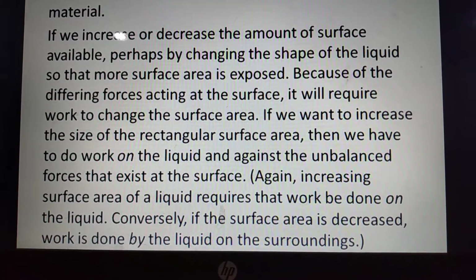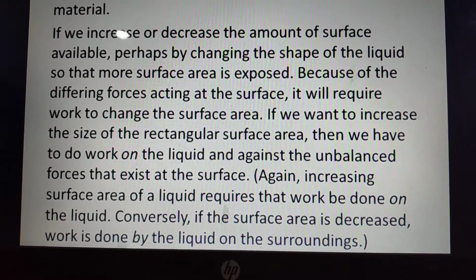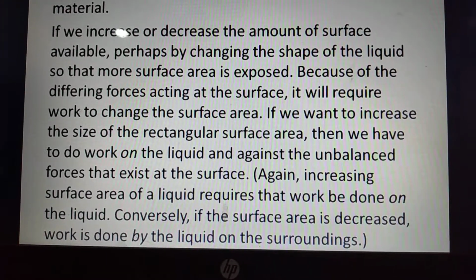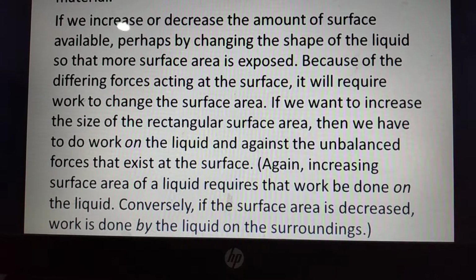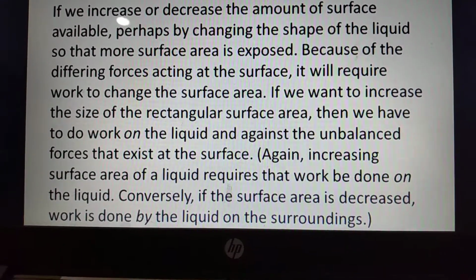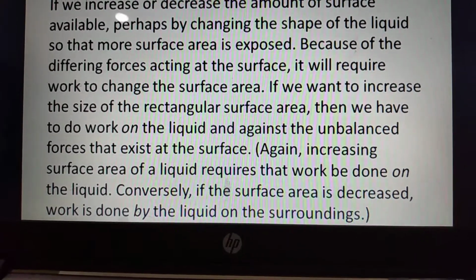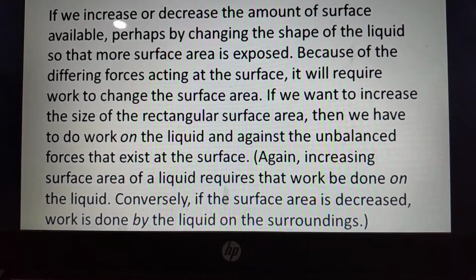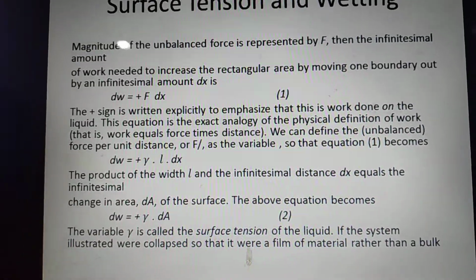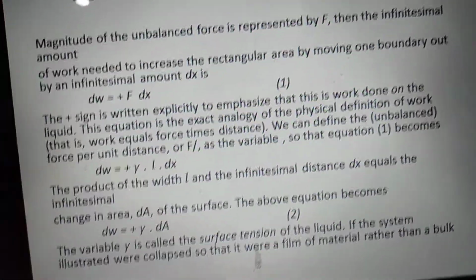If we want to increase the size of a rectangular surface area, we have to do work on the liquid against the unbalanced force. So increasing the surface area of the liquid requires work done on the liquid. Conversely, if the surface area is decreased, the work is done by the liquid on the surroundings. So there are two types of work: one on the system and one by the system.